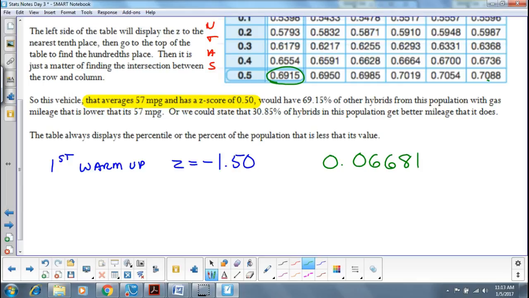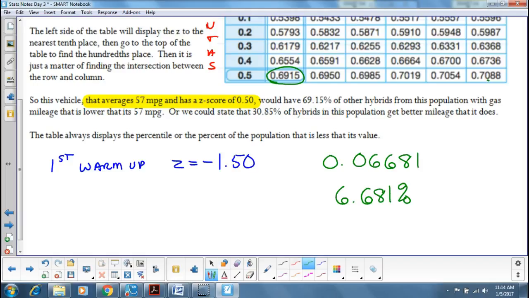So that means that 6.681% of the population is still below that value. Which means then 93.319% is above that level. Okay? With me?